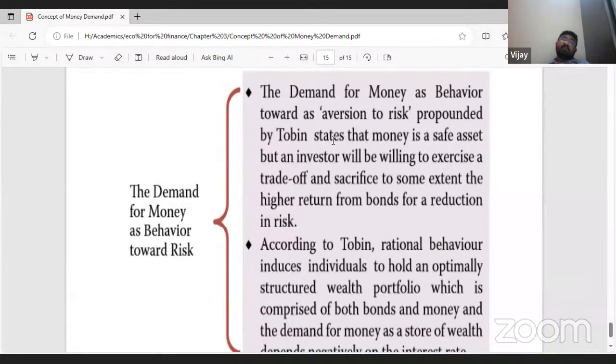Then demand for money as behavior towards aversion of risk, which is given by Baumol and Tobin. Sir, as an investor, we need to have a portfolio of assets. That is, you need to have a safe set of assets.